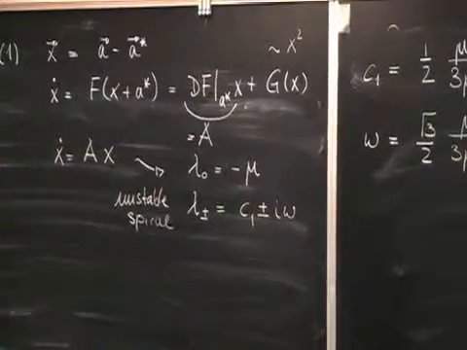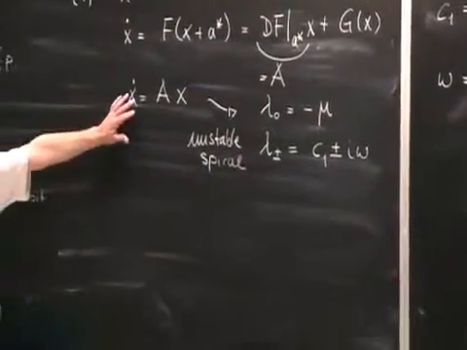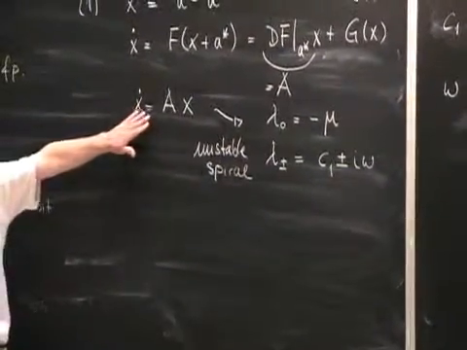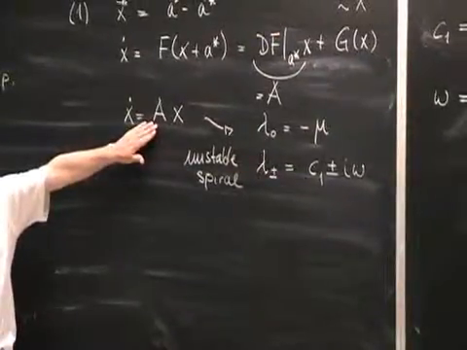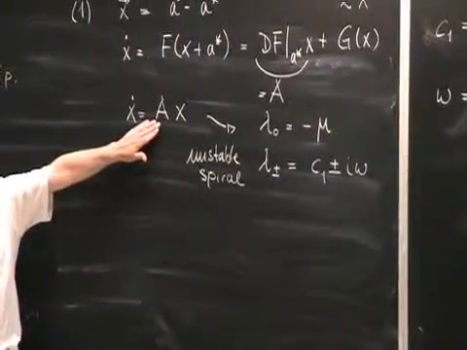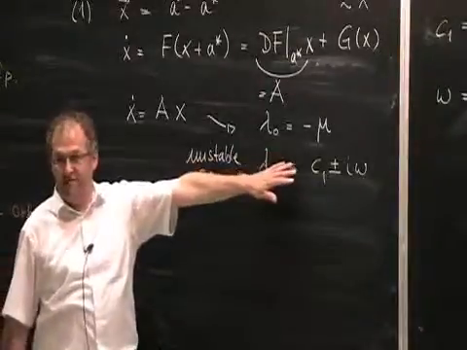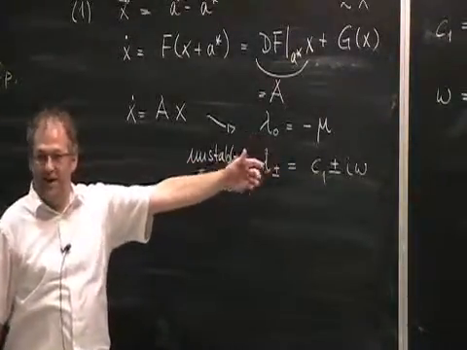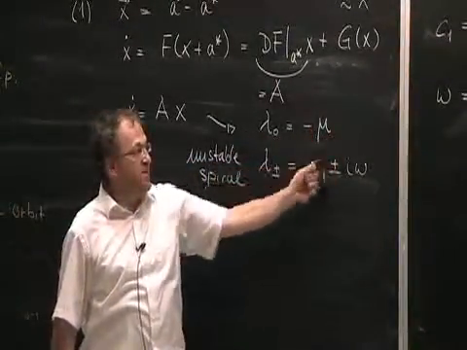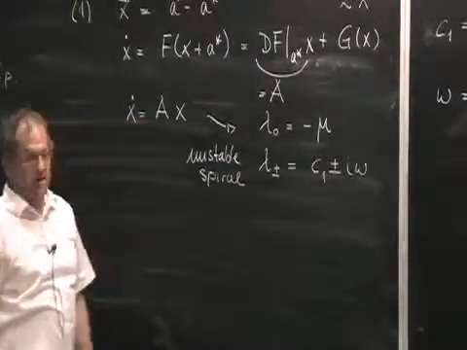Okay, now, once you know this, the next step is to transform this linear problem to the simplest form you can imagine, given those kind of eigenvalues. It's a bit more complicated than for a symmetric matrix, because you have a complex set of eigenvalues.